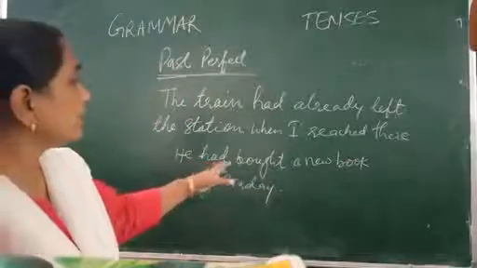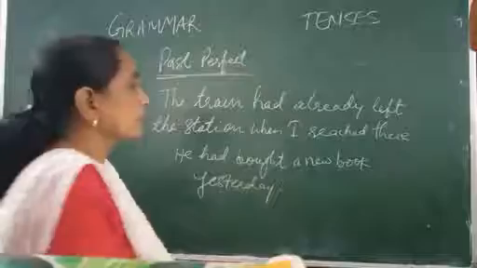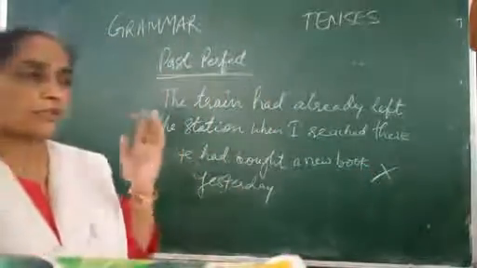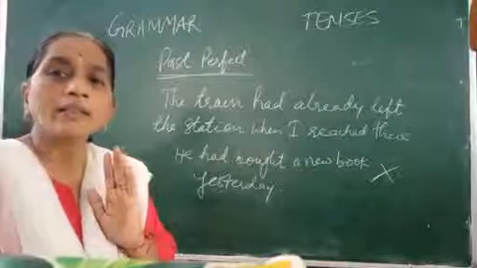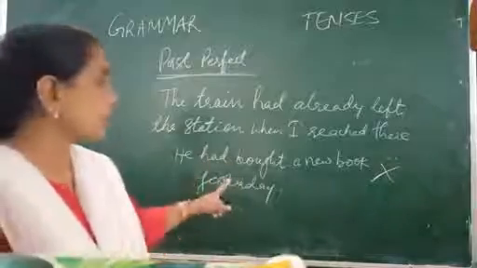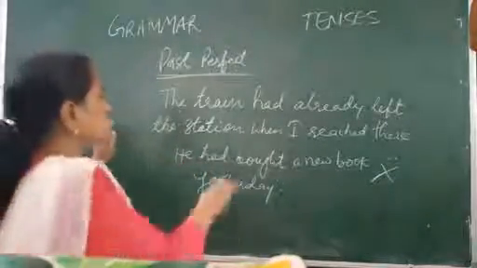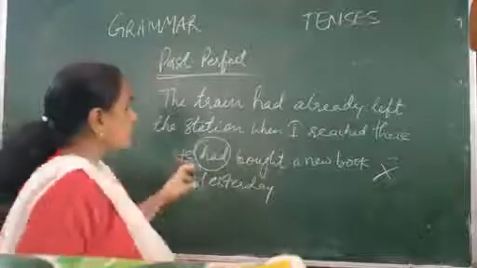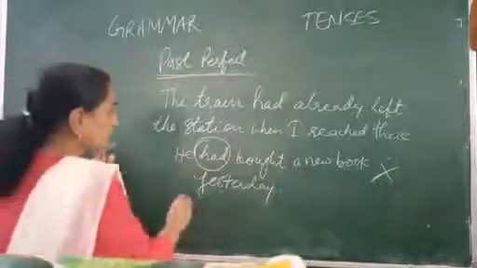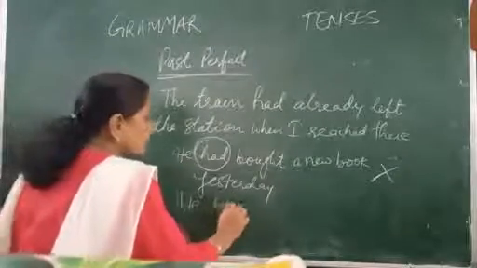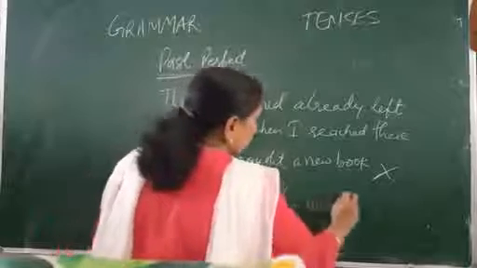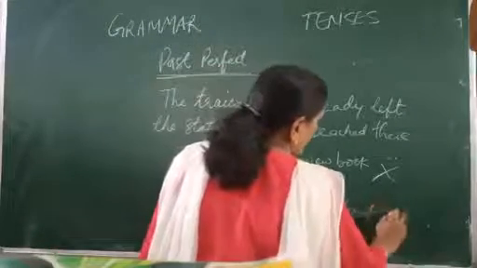He had bought a new book yesterday. It is incorrect. He bought. Because one action is there and we have to use past simple to denote a single action. We have to write only bought. He bought a new book yesterday. Fine? So correct will be he bought a new book yesterday.